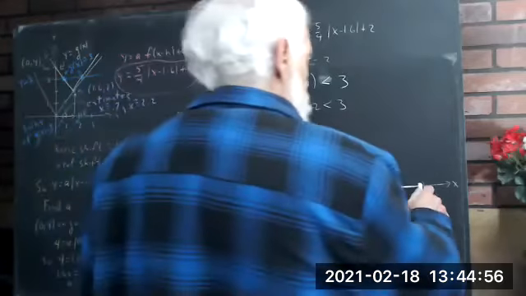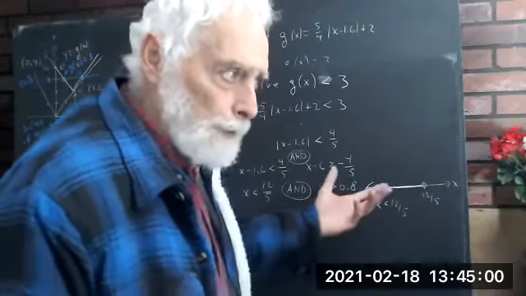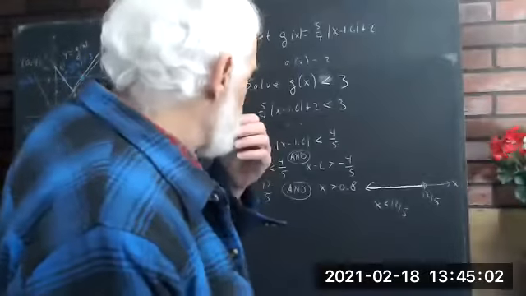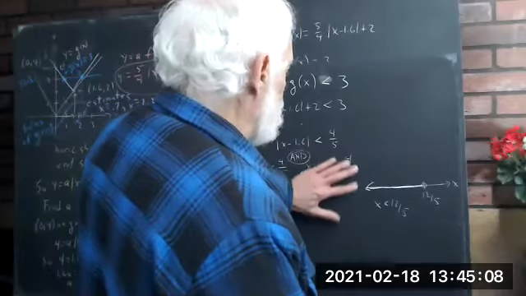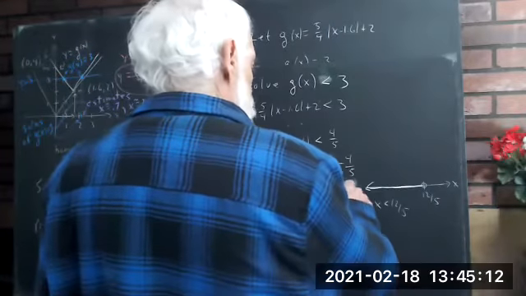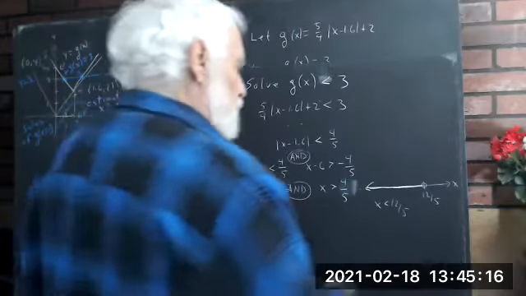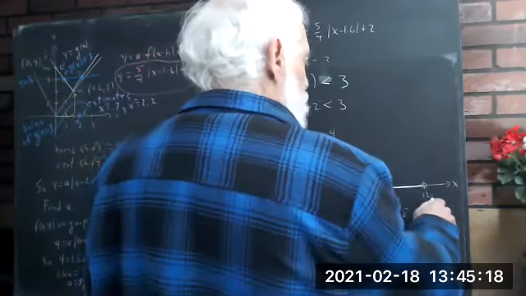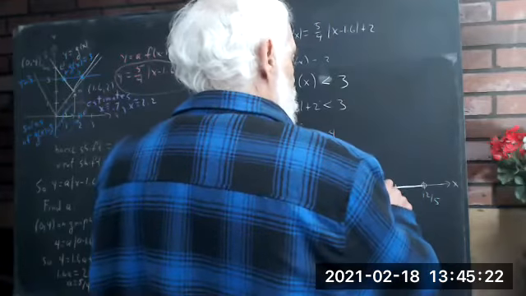X less than 12/5 consists of all values on the x-axis to the left of 12/5. X greater than 0.8, and I said 0.8. I'm going to do fractions, we'll do fractions, 4/5. So if 12/5 is here, 4/5 is over here somewhere to the left.